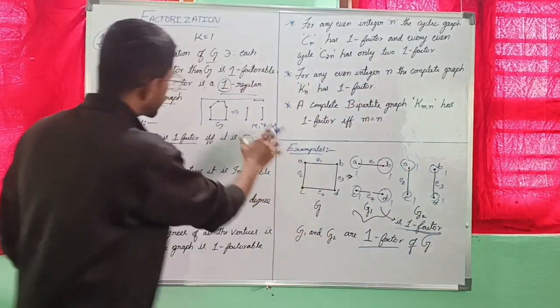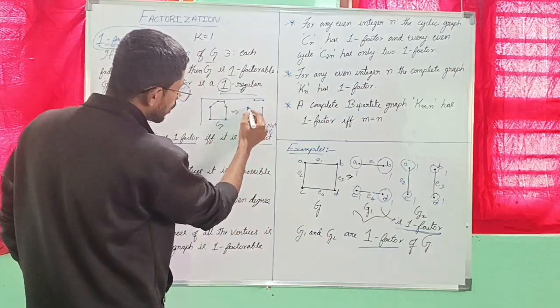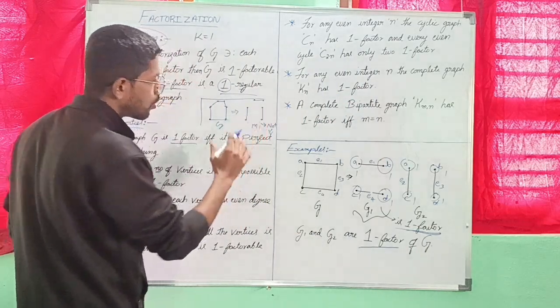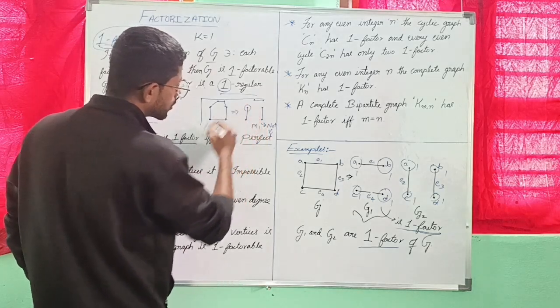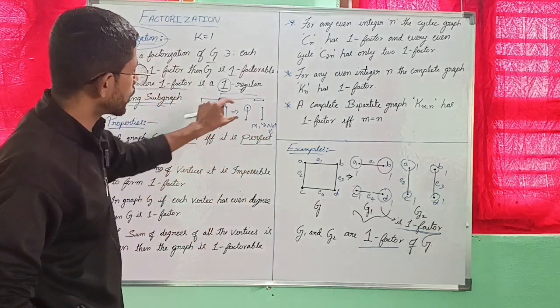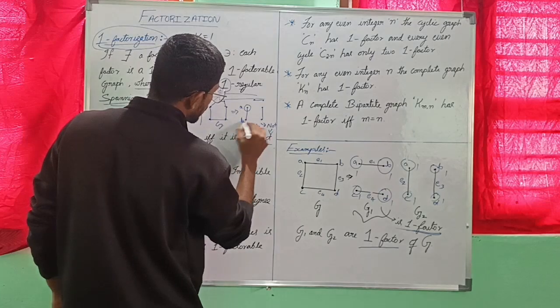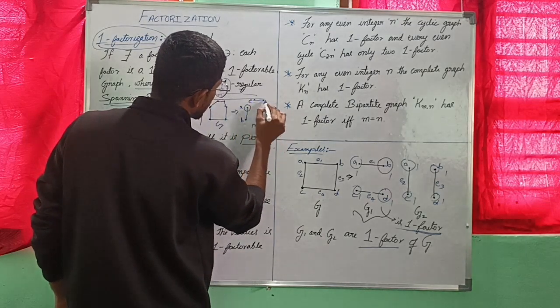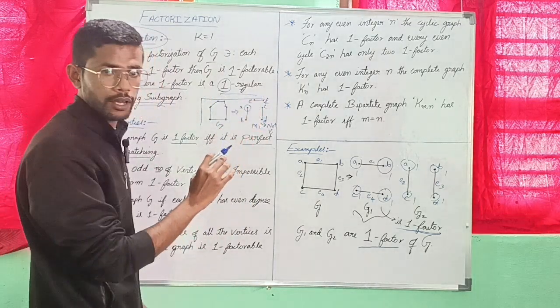Here, by considering this graph, take the vertices as A, B, C, D, E, F. What is the degree of vertex A? 1.